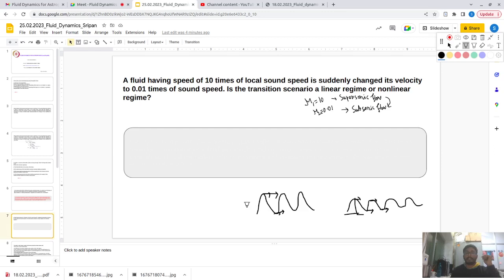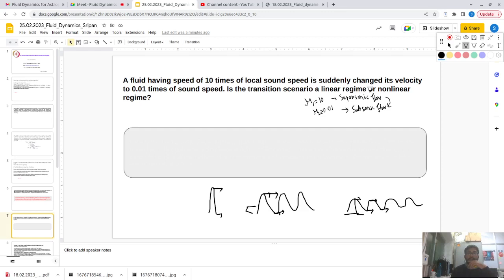So the next profile will have a steep gradient, because this part is very slow and this part is very fast, so it will catch up with the slow part. The profile will change with a steeper gradient. This formation of a steep gradient is basically the shock formation from the wave, and that is due to the higher amplitude of the wave.